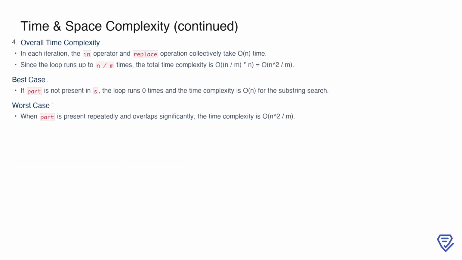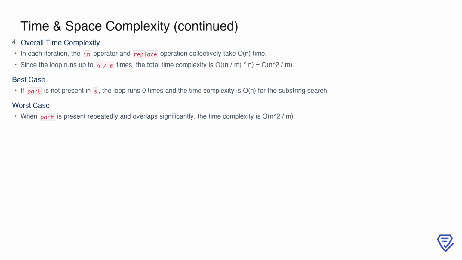Now, combining these observations, the overall time complexity can be analyzed. In each iteration, the in operator and replace method together take n time. Since the loop runs up to n/m times, the total time complexity becomes n/m * n, which simplifies to n²/m.